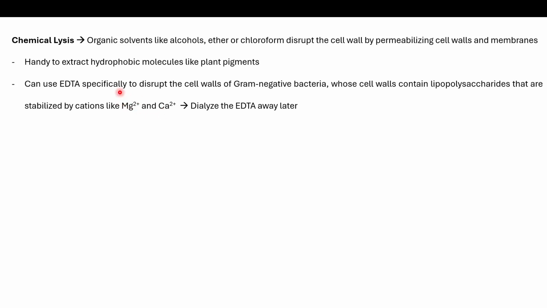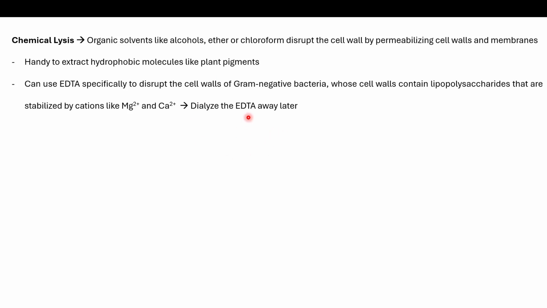So if a chelating agent like EDTA is used, it can specifically disrupt the cell walls of gram-negative bacteria, because their cell walls contain lipopolysaccharides that are stabilized by these divalent cations, magnesium and calcium. Once these ions are chelated out, it destabilizes the cell wall integrity, and the cell wall can be ruptured easily.